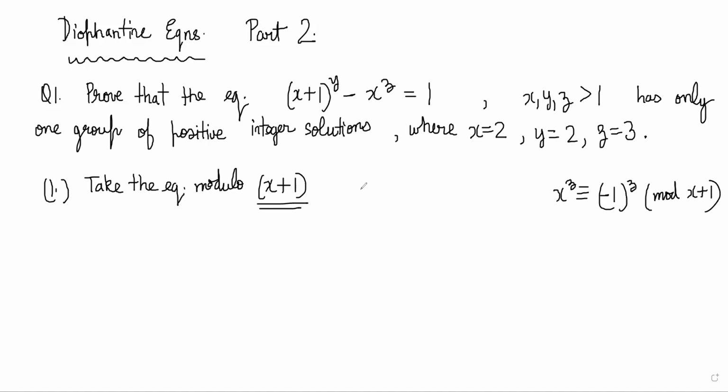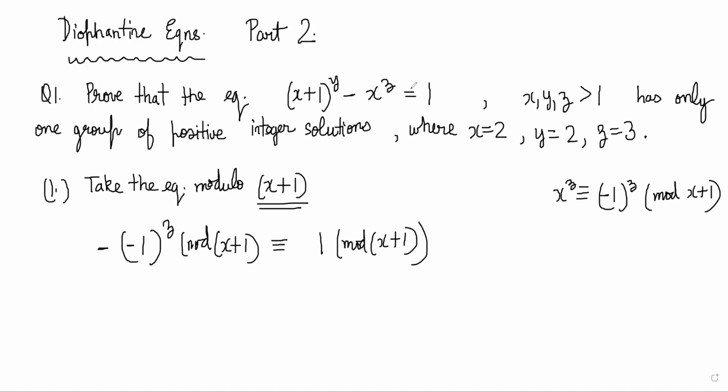So we have overall minus (-1)^z is the same as 1 mod x plus 1. On the two sides, this is what we get. So this is (-1)^(z+1) is the same as 1 mod x plus 1.